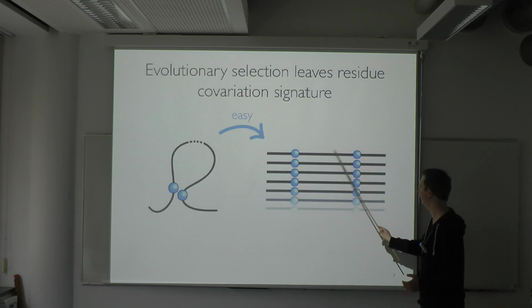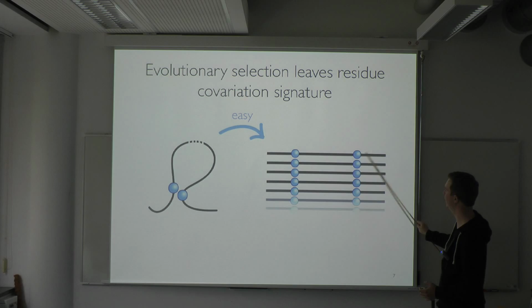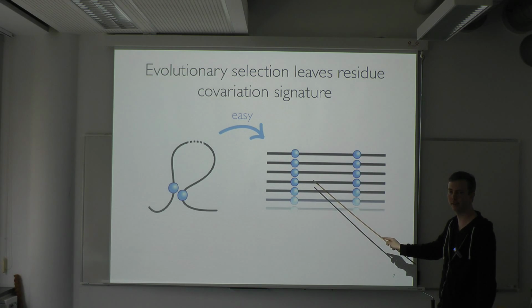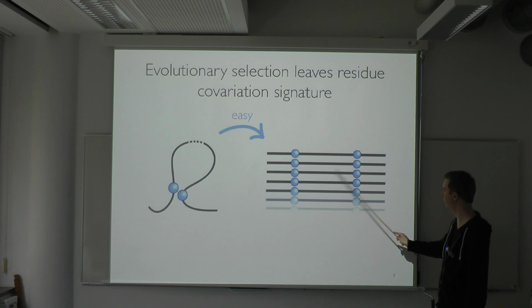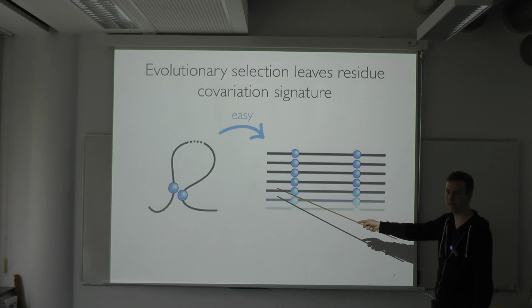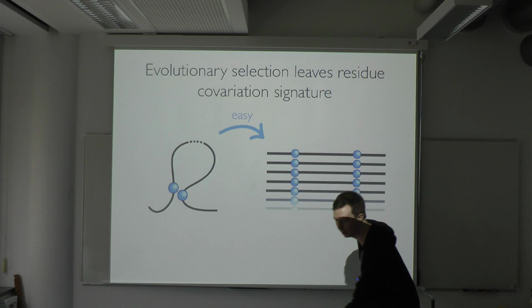What you observe in the multiple sequence alignment, where each line is one sequence, is coordinated, correlated exchanges between the residues in those two columns. And that's pretty easy because you already know the answer. So this is just the concept.